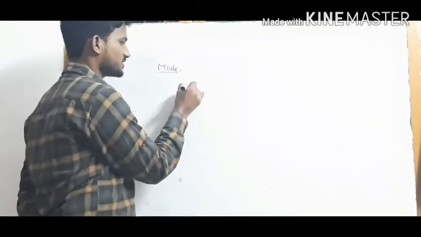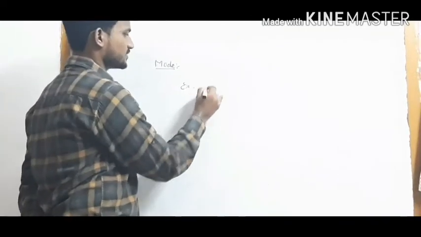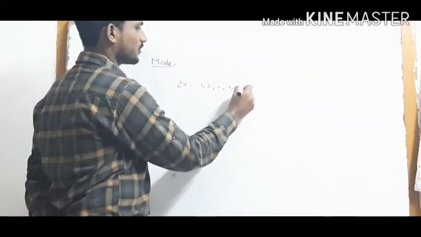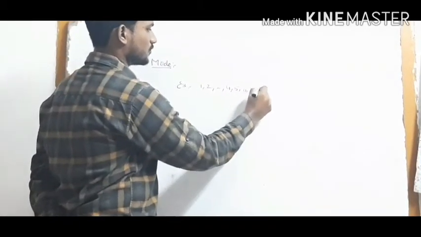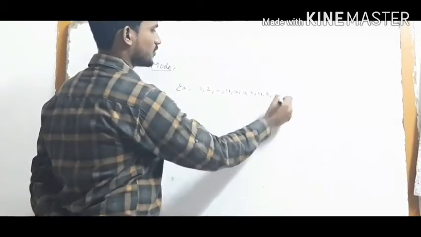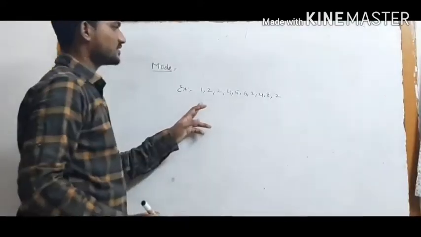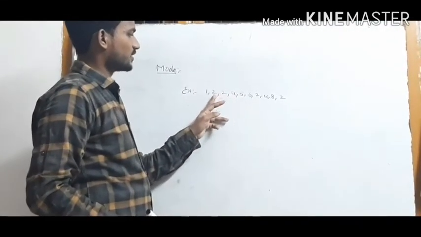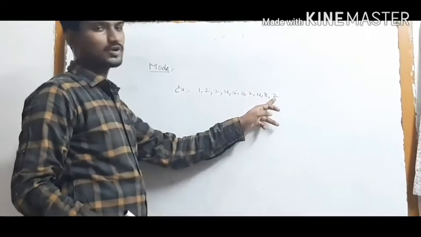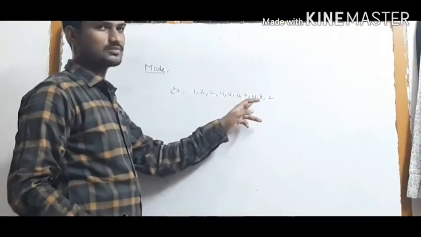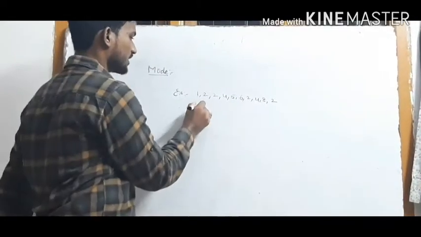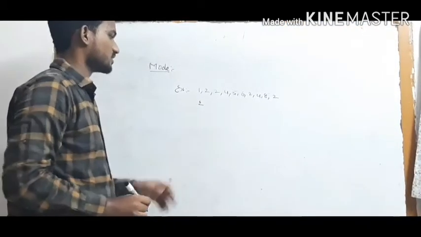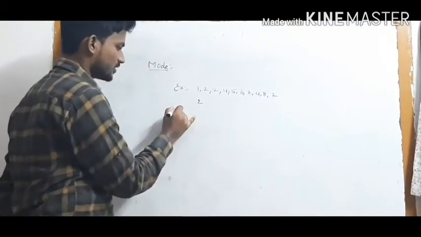If we take an example 1, 2, 2, 4, 5, 6, 2, 4, 8, 2, 1, in all these observations 2 is occurring most frequently. 2 occurs 4 times and 4 occurs 2 times. That means 2 is the mode of these observations.